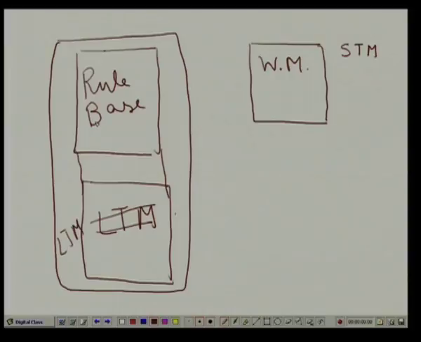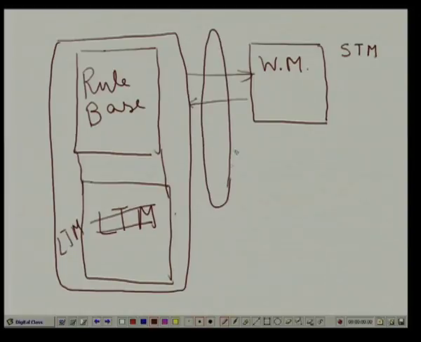I can write that as a rule in general, that if a triangle is isosceles, then all sides equal. That can be kept as a rule, and specifically when I give PQR a triangle or ABC a particular triangle, whatever inferences we do about that, that is stored in this working memory, and the inference machine also looks at this rule base from this working memory.